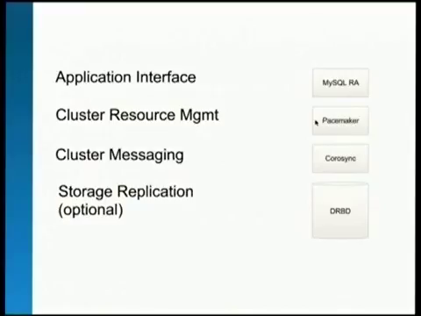Okay. What does the stack look like? What is it that we use in order to make applications highly available? I always go through this from bottom to top. At the bottom of the stack, we very often have some form of storage replication.